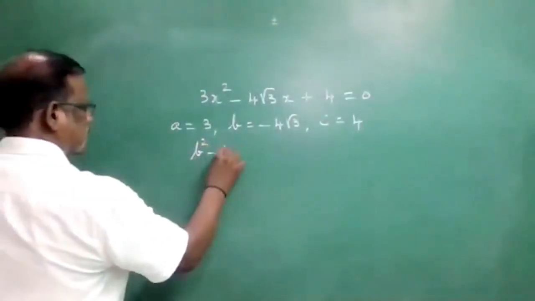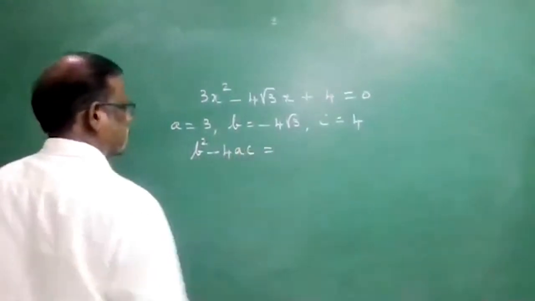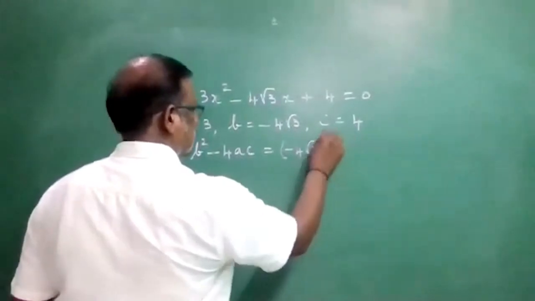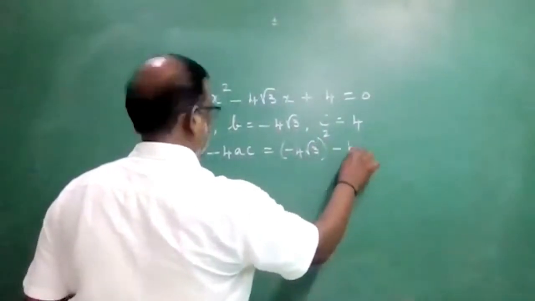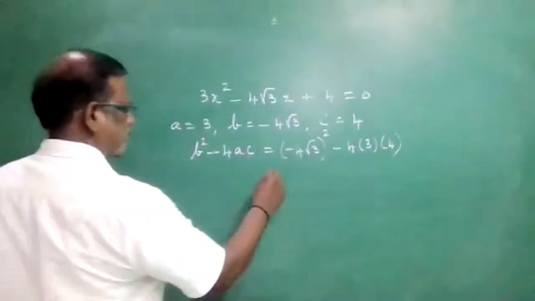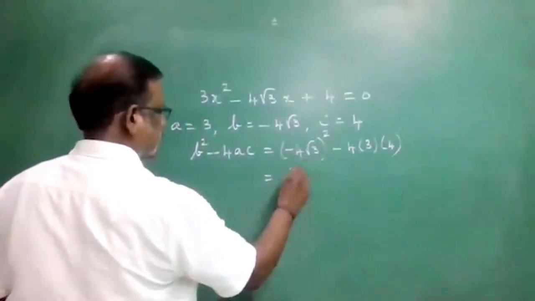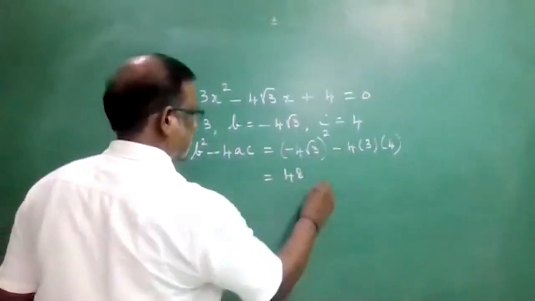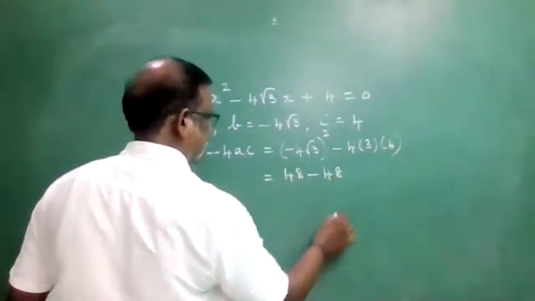B square minus 4AC. That is minus 4 root 3 whole square minus 4 into 3 into 4. So it is 16 3s are 48, minus 48.